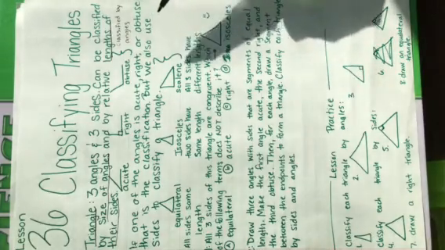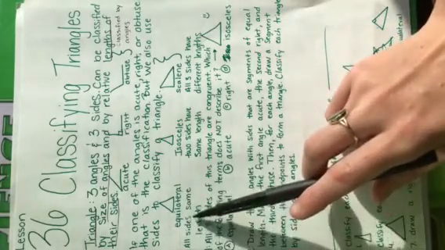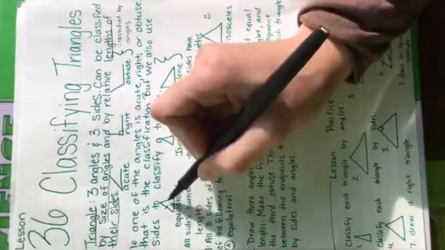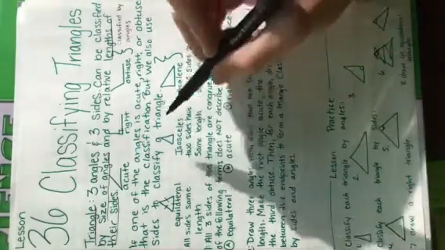But we also use sides to classify the triangles. An equilateral triangle is when all the sides have the same length. They're equal. This and this and this are all equal. Then there's an isosceles triangle where 2 of the sides are the same length and 1 is different, smaller or larger.